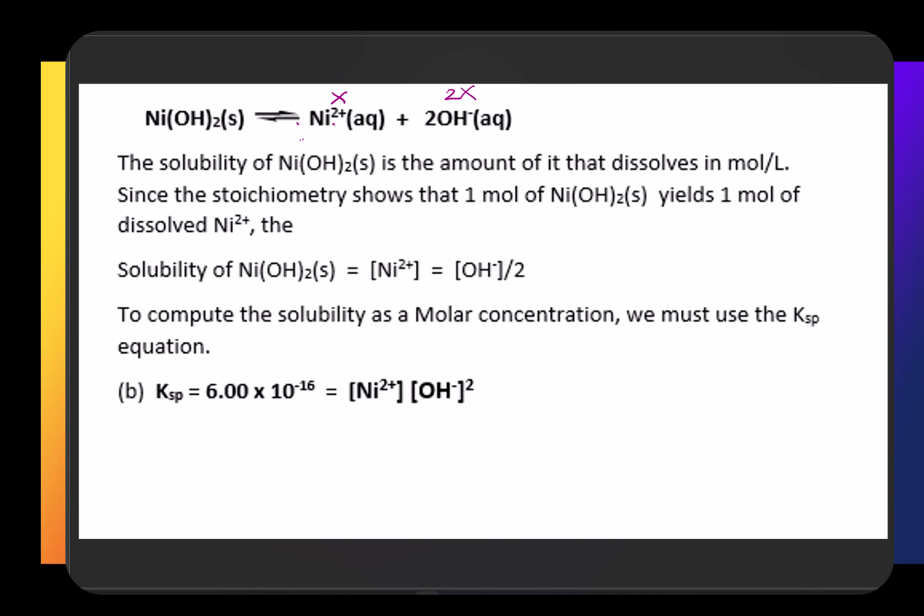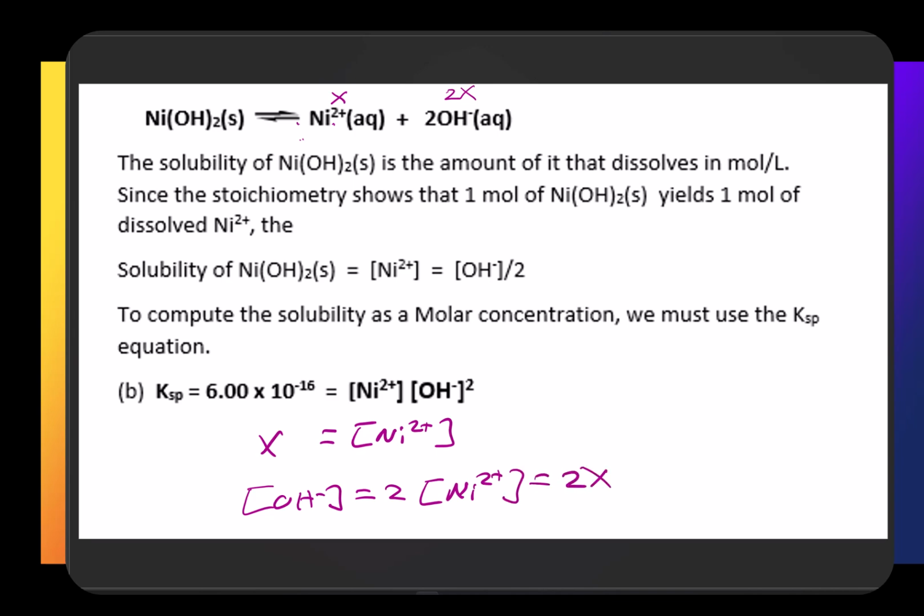So X would be the dissolved nickel ion concentration, and the hydroxide is going to be 2 times that, or 2X.